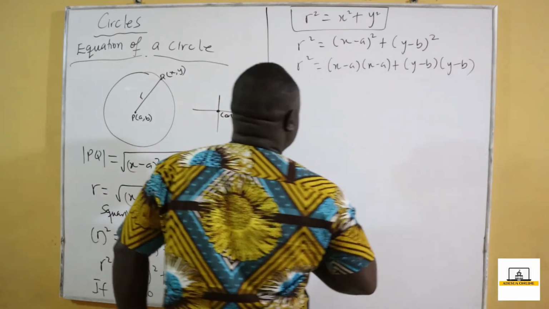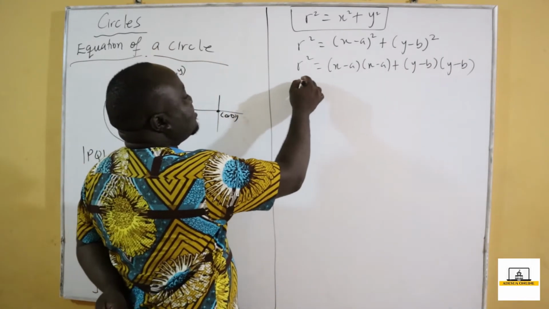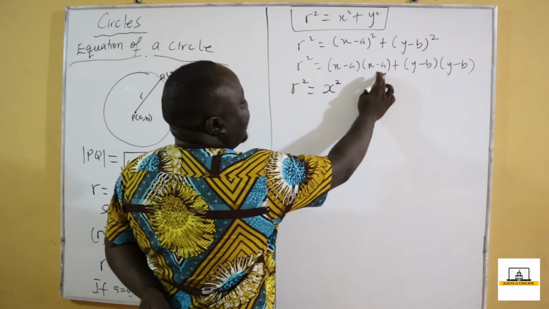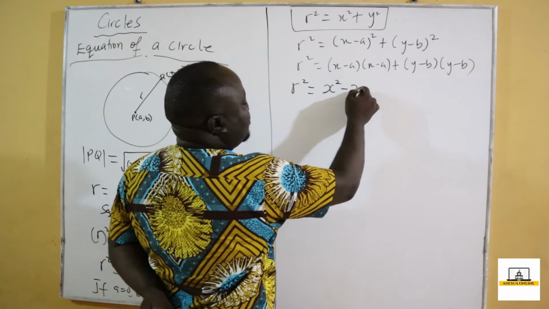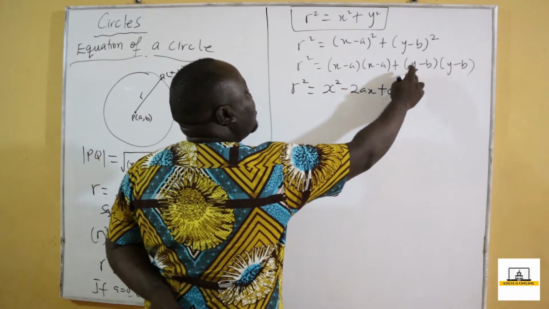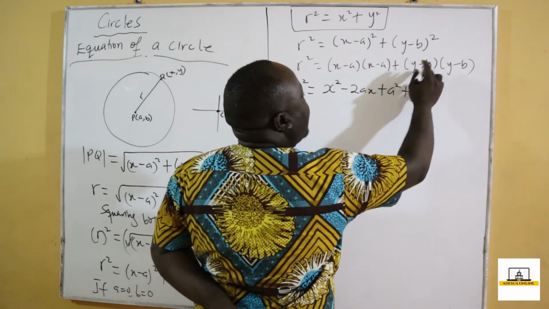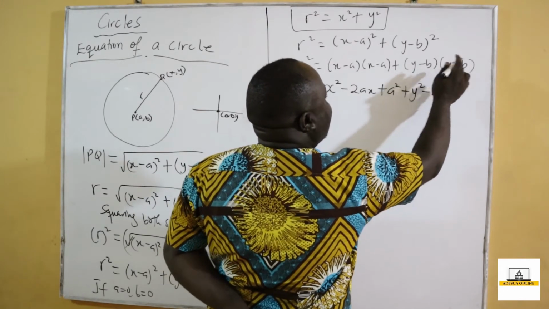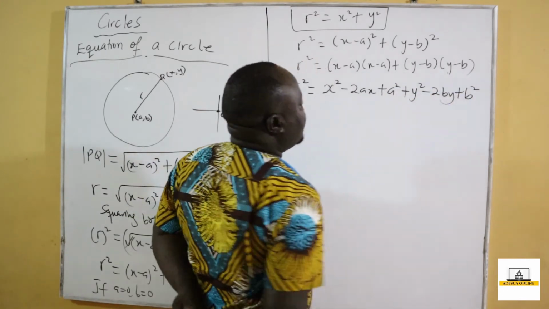So when we expand, we shall get r squared is equal to x squared minus 2ax, plus a squared, plus y squared, minus 2by, plus b squared.